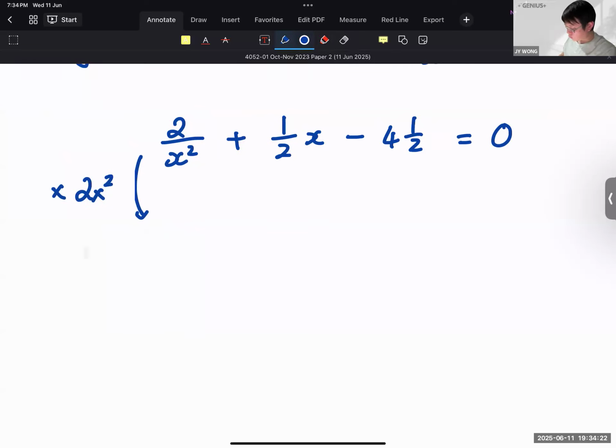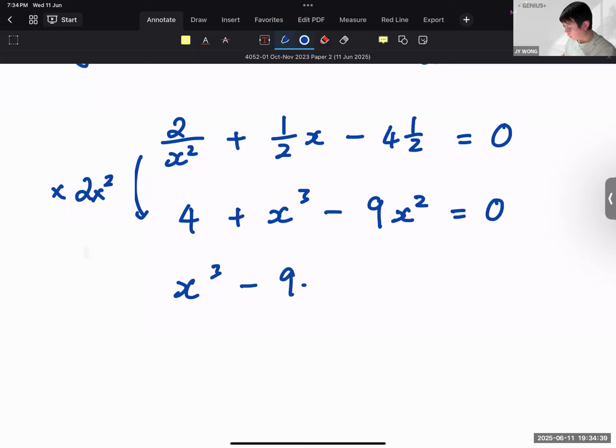If I multiply by 2x squared, I will have 4 plus x cubed minus 4.5 times 2, which is 9, x squared equals 0. And therefore x cubed minus 9x squared plus 4 equals 0.